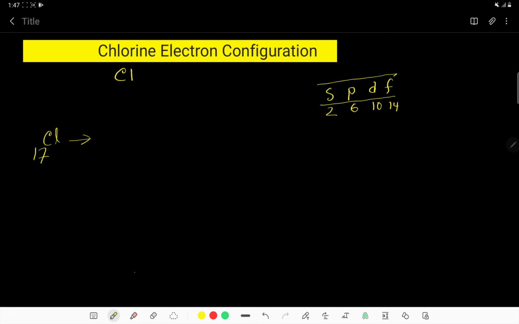Okay, so this is our first sublevel, then second, then third and then fourth, right? The energy of these sublevels is increasing in this way.